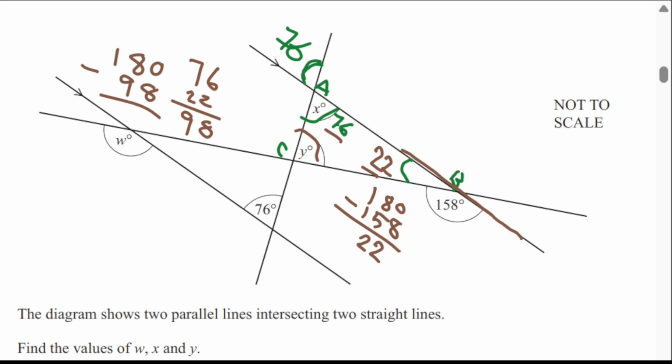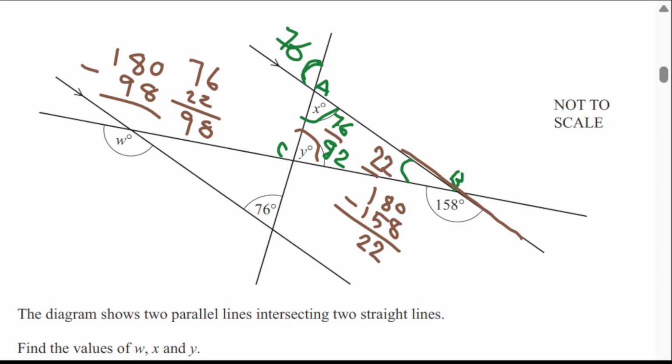So 180 minus 98 is 82. So we got Y. So it's 82, and it's non-calculator.